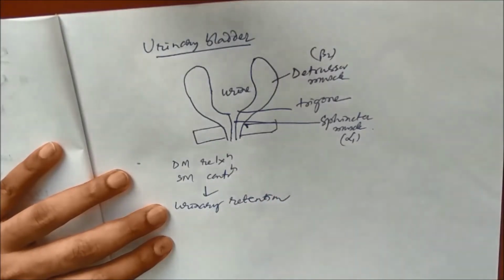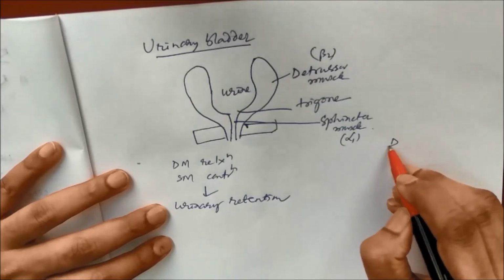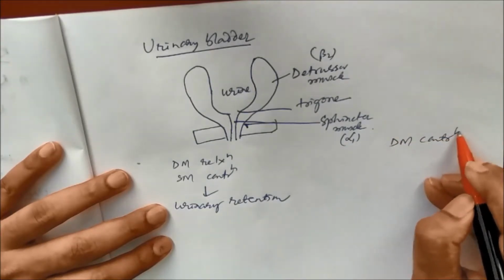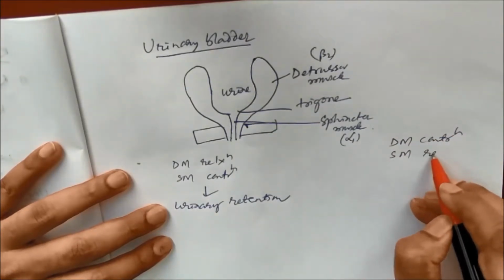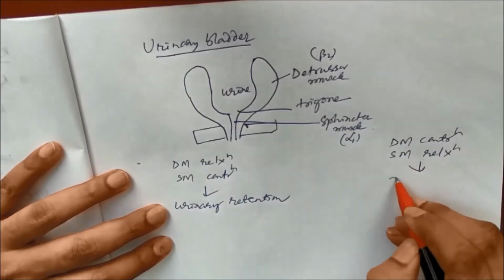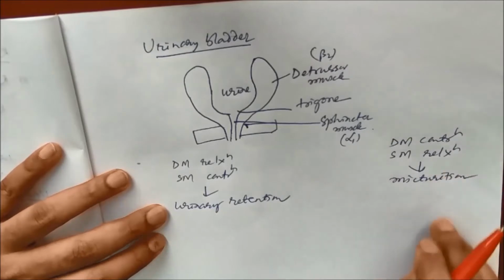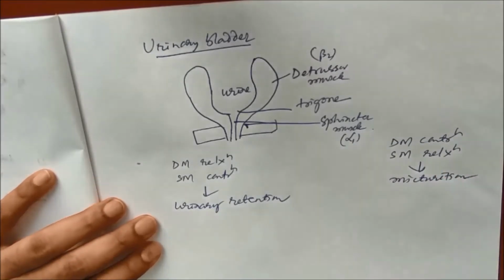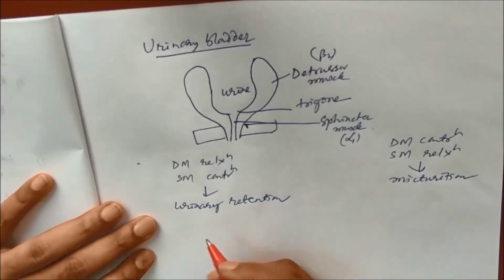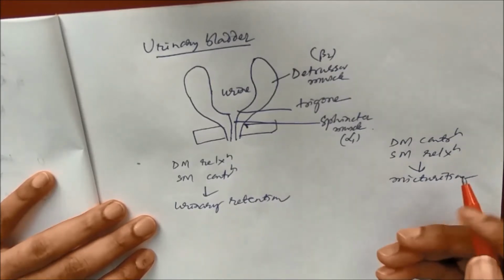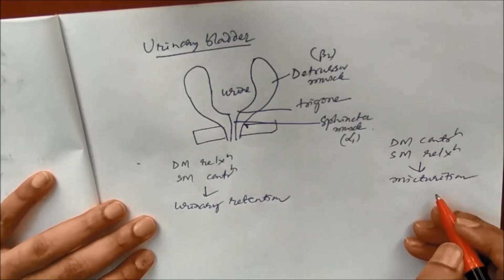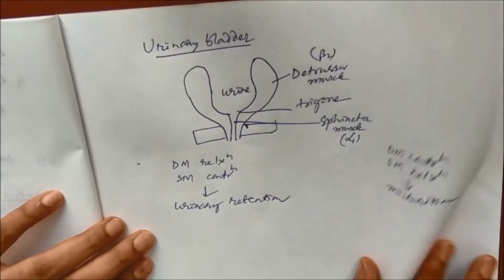Just opposite is the parasympathetic action, detrusor muscle contraction and sphincter muscle relaxation, and that will cause micturition. So there will be urine output. Okay, cannot retain. The person will start micturating. And few more are there.